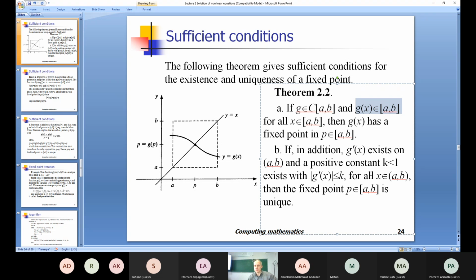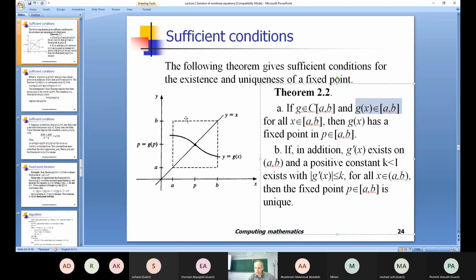Well, I try to explain. For all x between a and b, so this is a, this is b, this is x, we consider the interval from a to b. Then g of x is also between a and b.